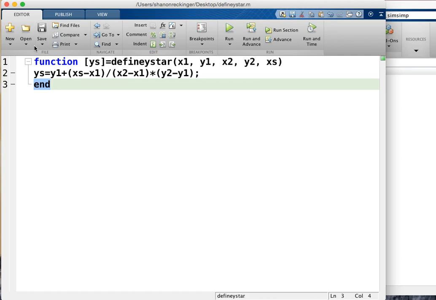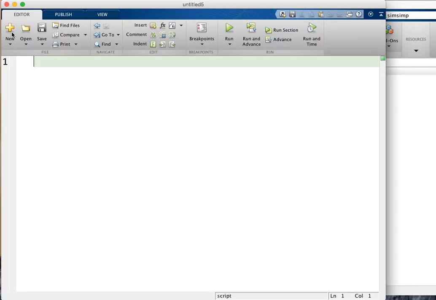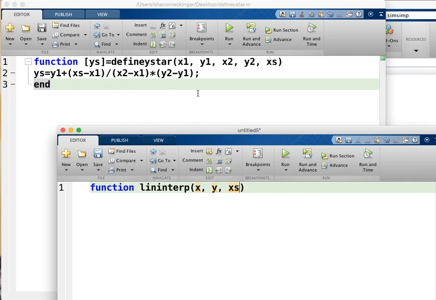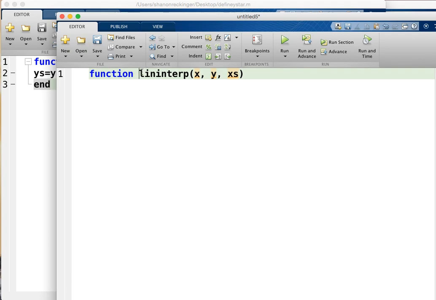But the idea is that when you write your actual function, I forget what I tell you to call the function, it's going to have a very similar set of inputs and outputs. It's going to have an entire x array: all x's, all y's, and all x stars. So these now are arrays, where this was just given that you had the exact points already. And then it's going to output the y star, which is also an array.